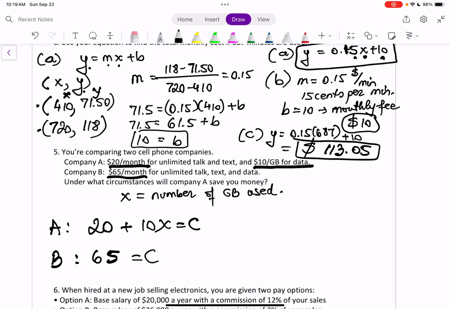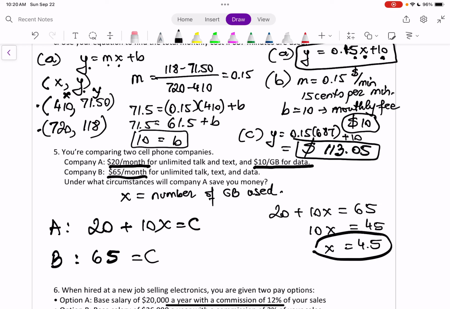So what we're going to do is figure out when these two amounts will be the same. So basically, I want to find out how many gigabytes I will have to use in order for company A to save us money. They're going to be the same cost if you use 4.5 gigabytes.